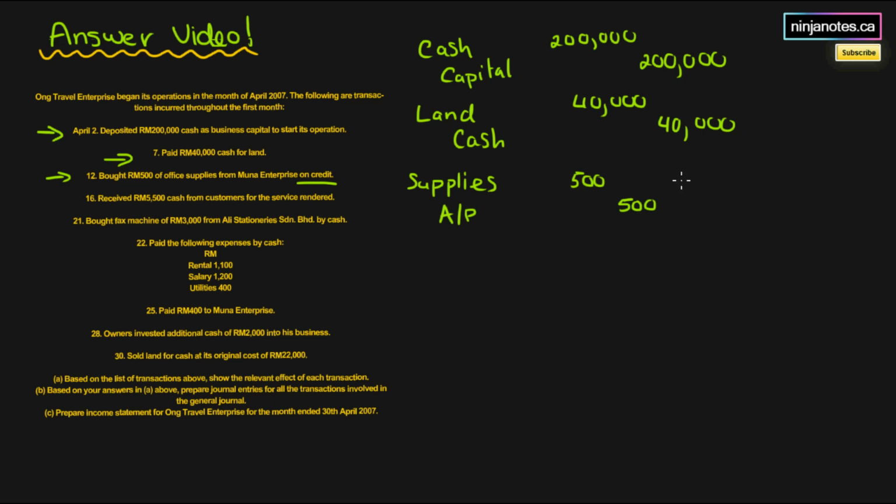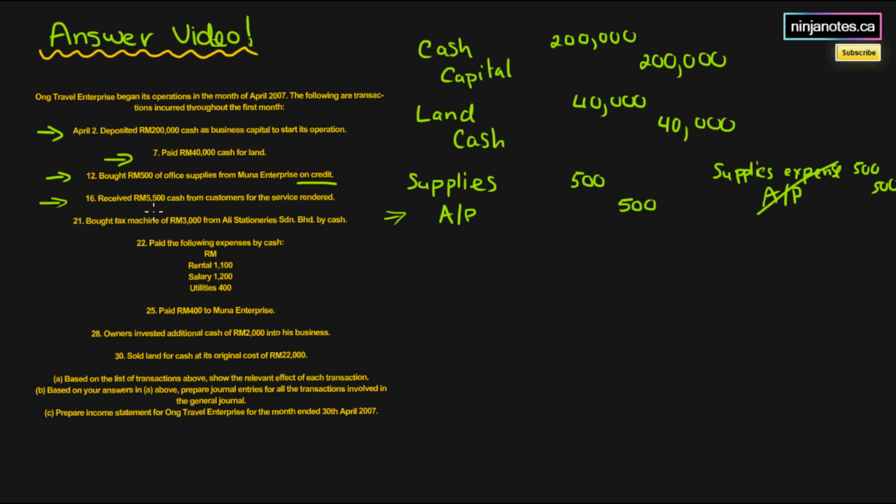Alternatively, if you use supplies in this month, you can just go ahead and do supplies expense and accounts payable instead, and then 500, 500. But I'm not exactly sure if they actually did use the supplies within April, so I'm going to stick with my first part, and we're going to use this entry.